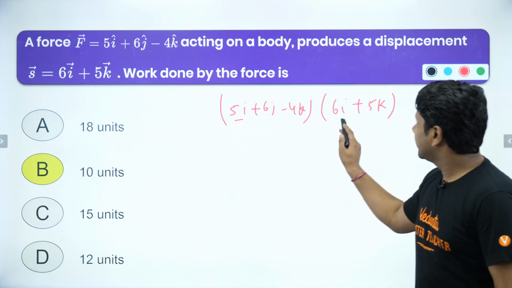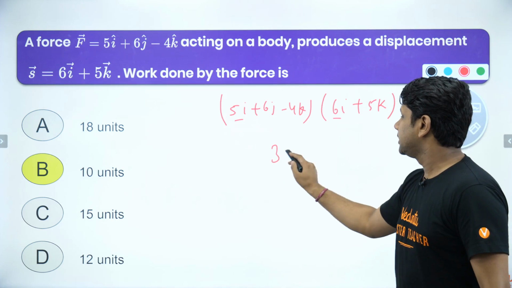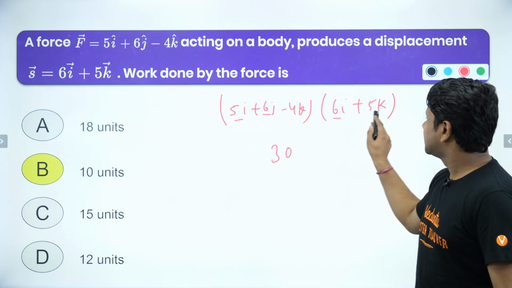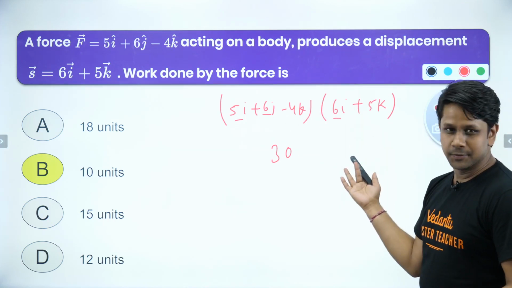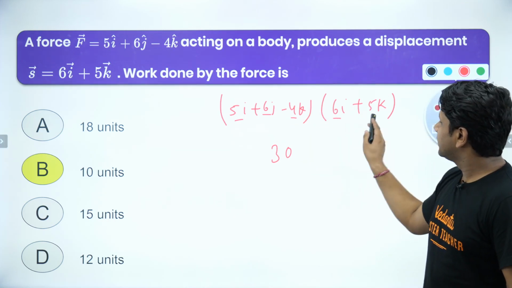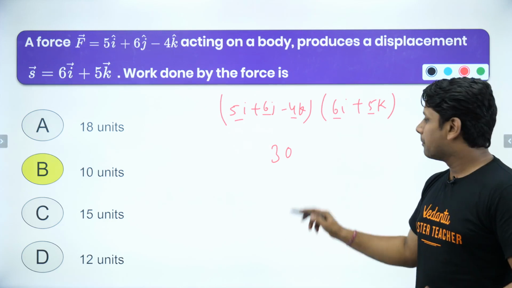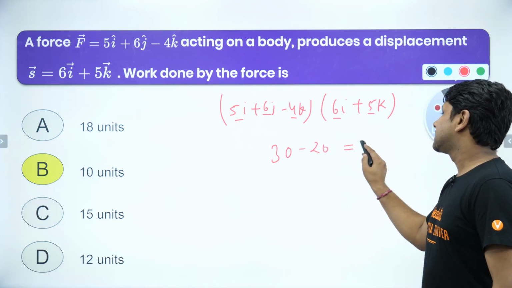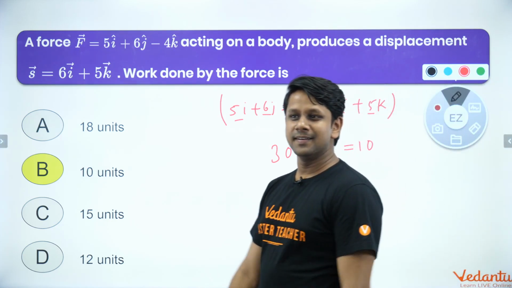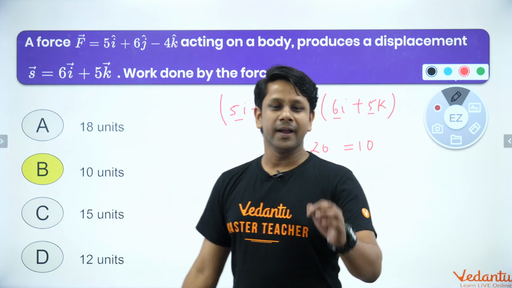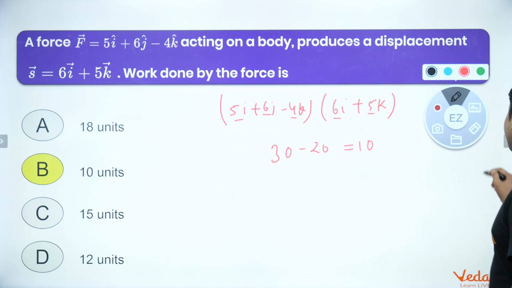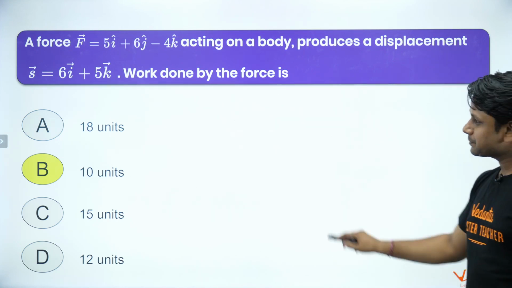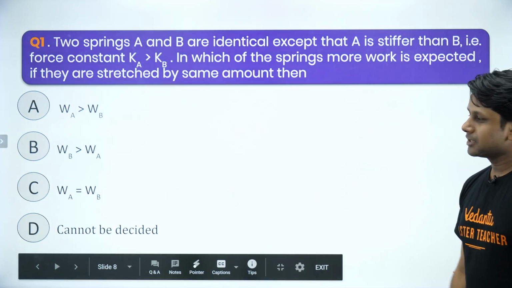So 5 into 6, this will be 30. And then 6 into, there is nothing, right? Here nothing is in j, so it will be 0. Here it is minus 4 in k, here it is 5 in k, so minus 20. So the answer will be 10. Easy peasy, right? Super easy question. I hope all of you got the correct answer for this. Let's move ahead without any delay now. Next thing. So we got the answer as 10.